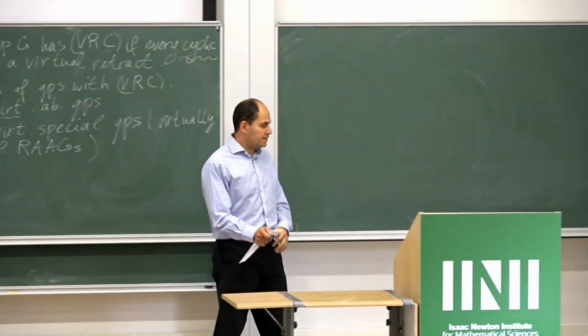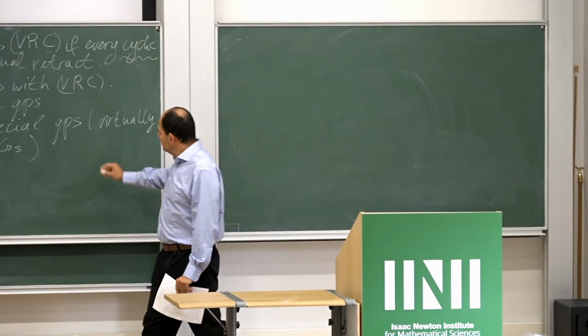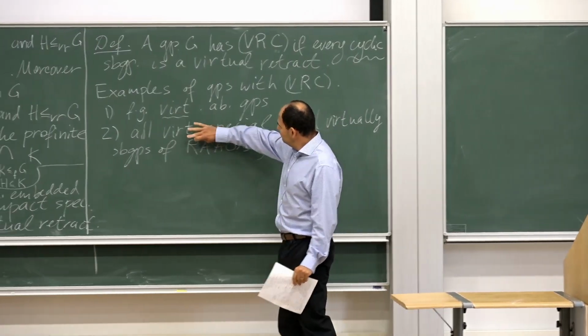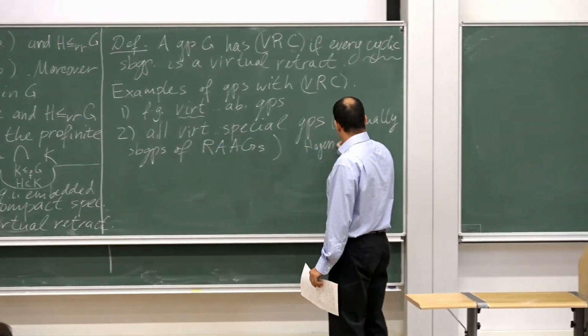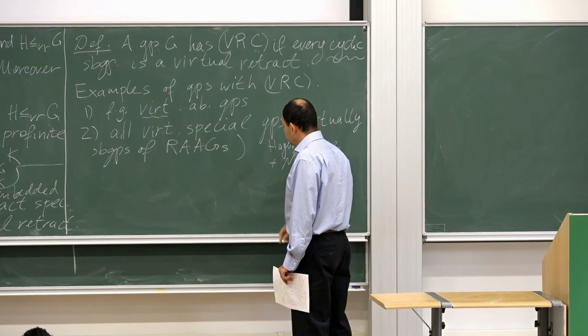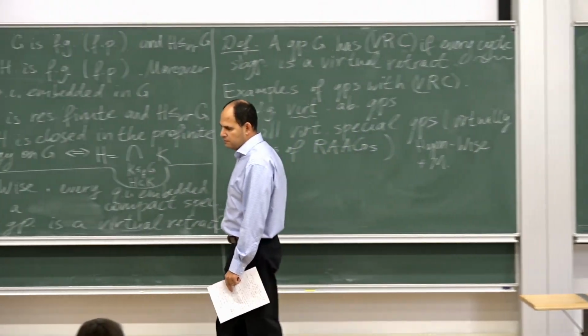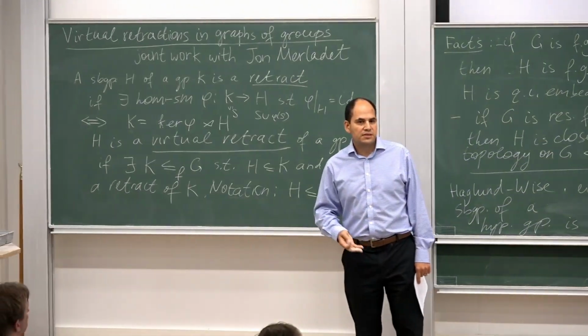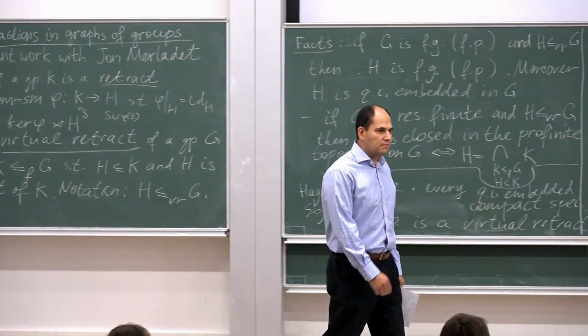The fact that it has VRC follows from Haglund and Wise. If you put in the virtual part, what I proved is that VRC goes up by finite index. It is actually stable under commensurability.